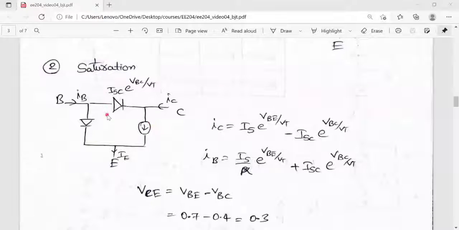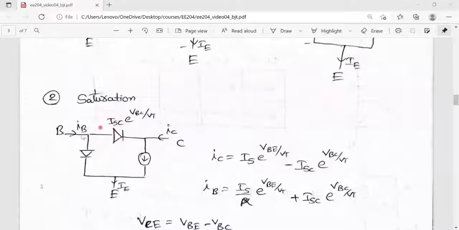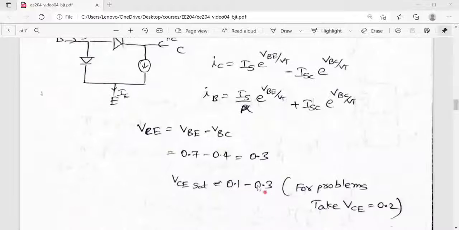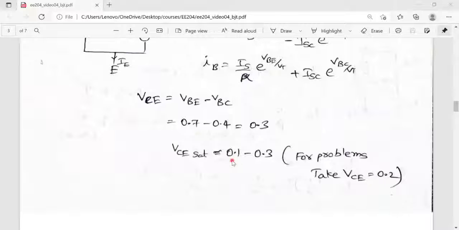In saturation, we will add a diode between base and collector, and VBC will be approximately 0.7 minus 0.3, which is equal to 0.3. Here VBC is approximately 0, sometimes 0.5. So we will take VCE as 0.2 for the problems. Sometimes it is 0.1. This state is known as deep saturation.